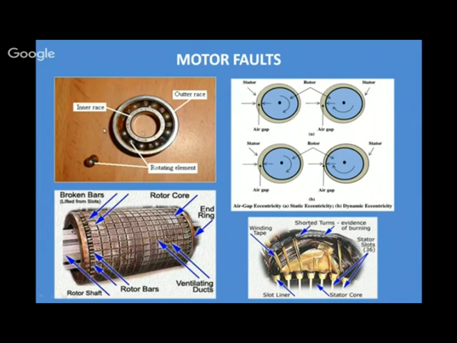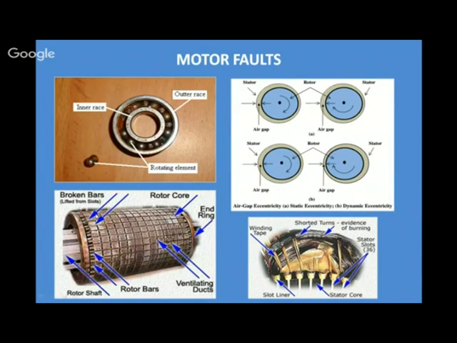So this is a picture showing various parts of the bearing, and this is the rotor of the induction motor. In the induction motor we have different bars here. These are short circuited at the ends.